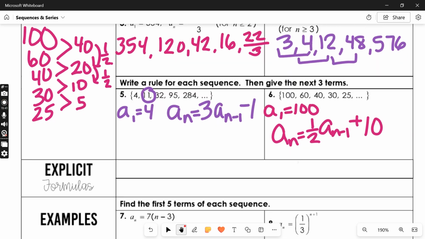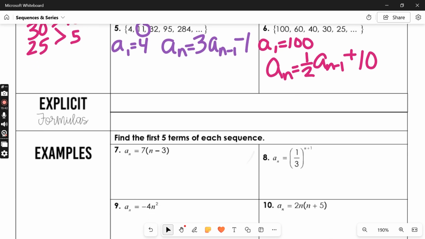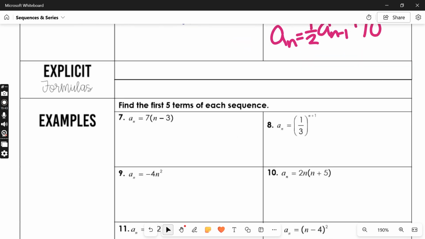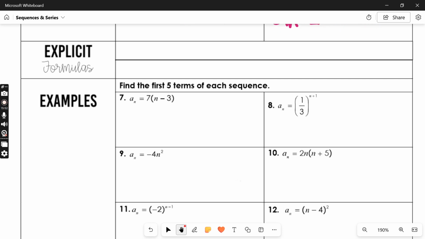Recursive formulas, I feel like, are a little bit more difficult to find. I think the explicit one is, in my opinion, a little better, but everybody has their own preference.